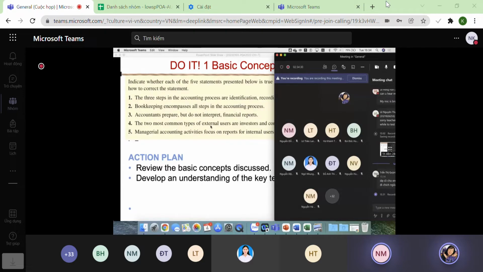So in order to meet the information needs of external users, the financial accounting system has to follow the procedures, rules or principles that are built up for them to prepare financial statements. And those are built up by accounting organizations.